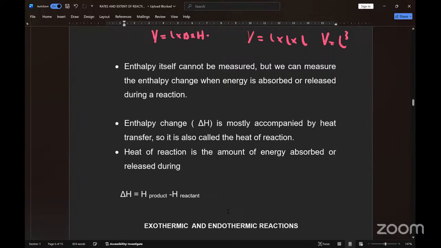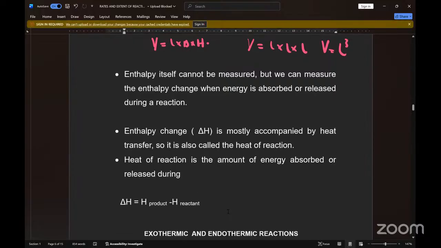Okay, so we talk about enthalpy again. We finished defining, writing a formula for enthalpy. It is important to understand that the components of enthalpy cannot be easily determined, especially in a very short time. So, as far as science is concerned, we are not interested in calculating enthalpy. We are interested in calculating what we call enthalpy change or what we call heat of reaction.